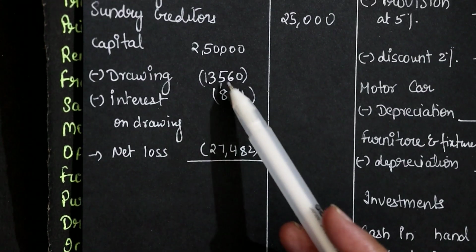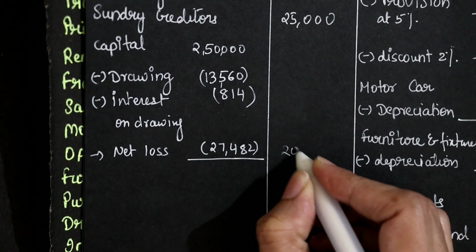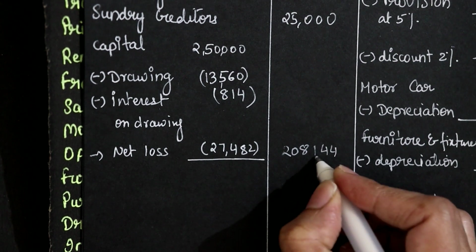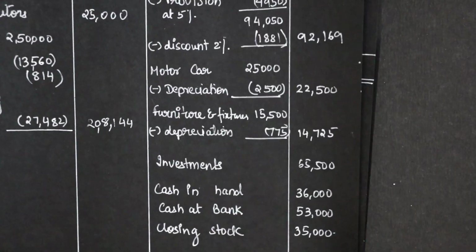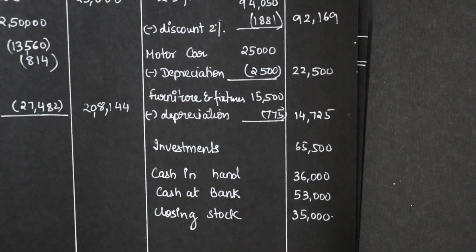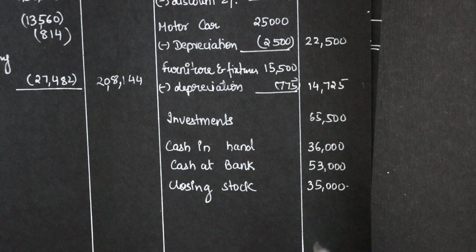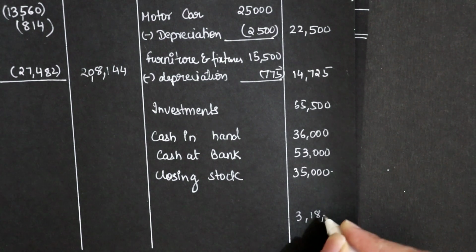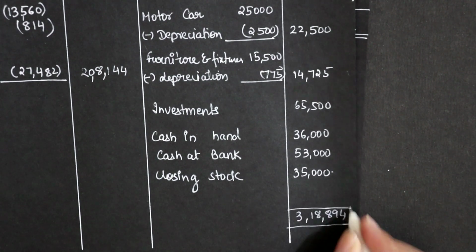We will deduct this amount from capital and we got 2,08,144. The total of both sides of the balance sheet, that is the assets and liabilities side, comes to 3,18,894. So our balances have matched.